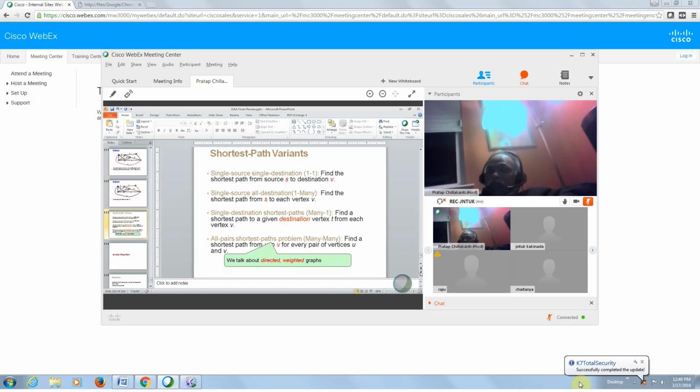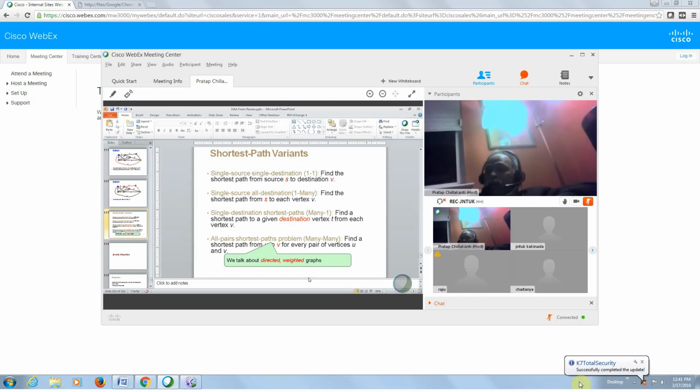And then you have single source, all destinations. By doing that for each and every vertex, that is what Dijkstra's algorithm does. Okay? That's how you solve it, optimizing your travel route.